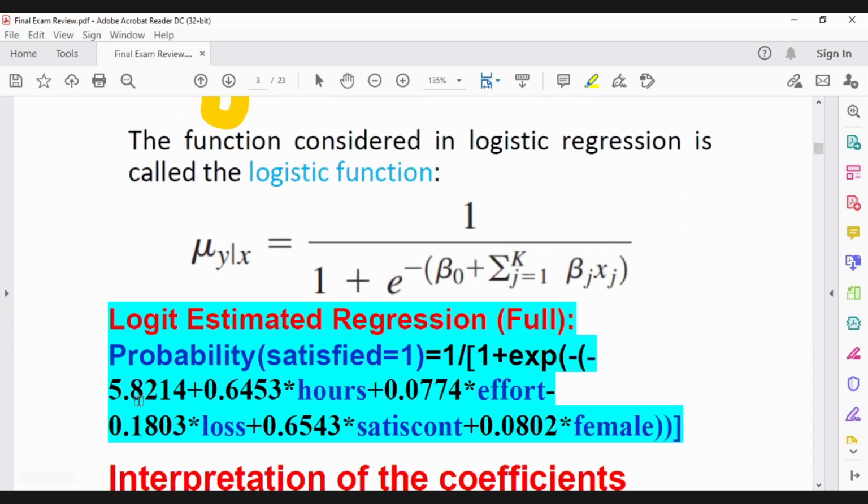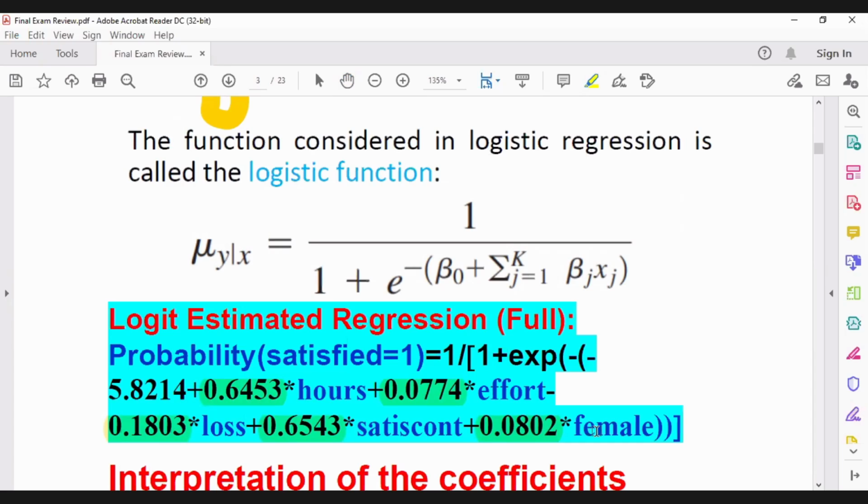You need to write it as follows: the probability that y is equal to 1, where y indicates satisfaction, is equal to 1 over 1 plus exponential of minus intercept plus beta 1 multiplied by hours plus beta 2 multiplied by efforts plus beta 3 multiplied by loss plus beta 4 multiplied by satis counts plus beta 5 multiplied by female.